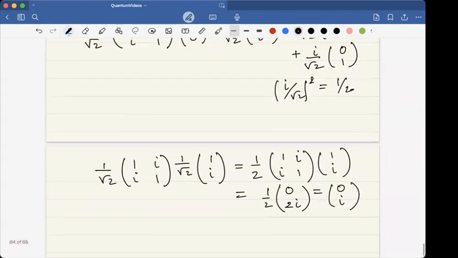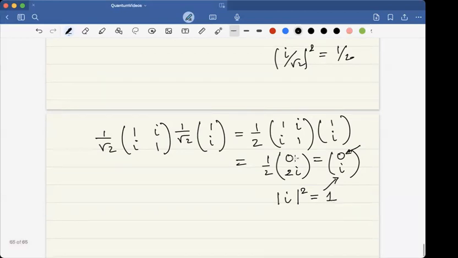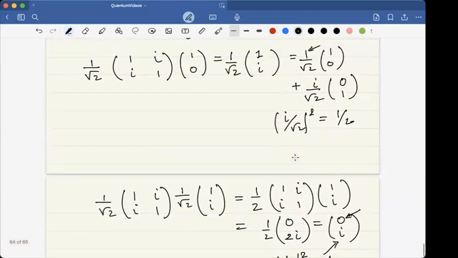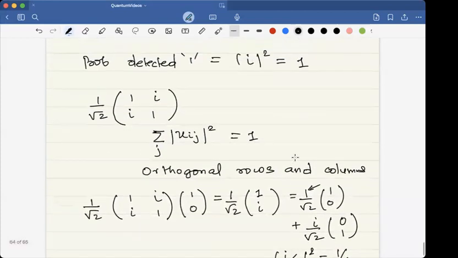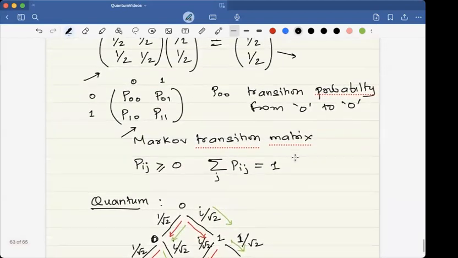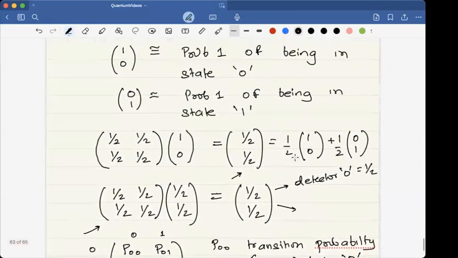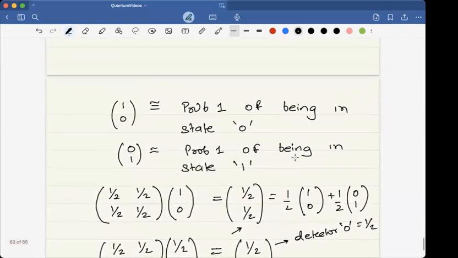So the probability of getting detected at detector 0 is 0, and the probability of getting detected at detector 1 is mod I square, which is equal to 1. So that explains in a much simpler way the same situation that happened in the double slit experiment, except that now we have a discrete set of possibilities, which are getting detected in path 0 or path 1.